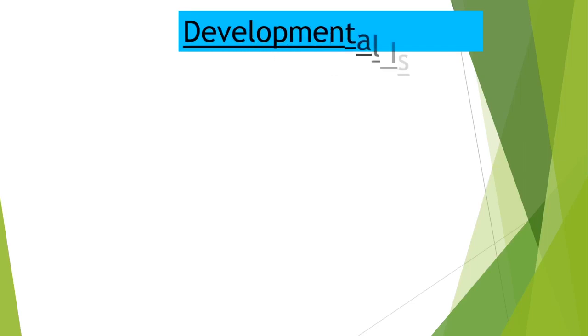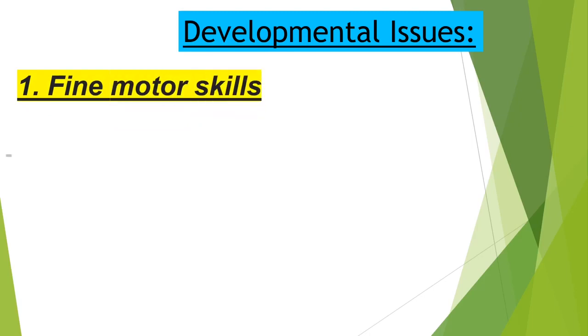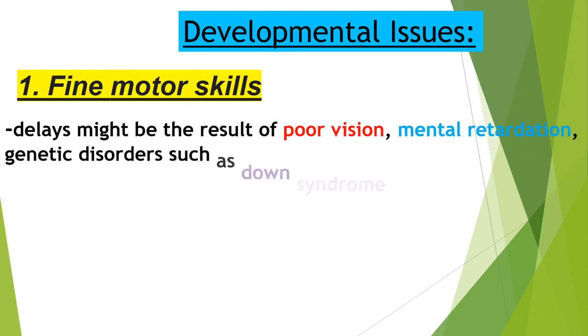Developmental issues. Number 1. Fine motor skills. Delays might be the result of poor vision, mental retardation, or genetic disorders such as Down syndrome. Fine motor skills development could be affected because of eye problems, mental retardation, and genetic disorders.